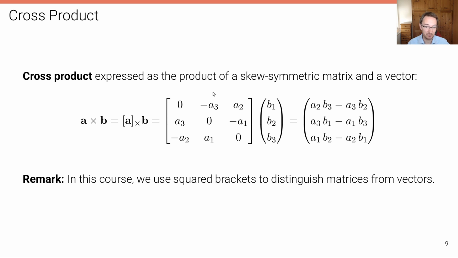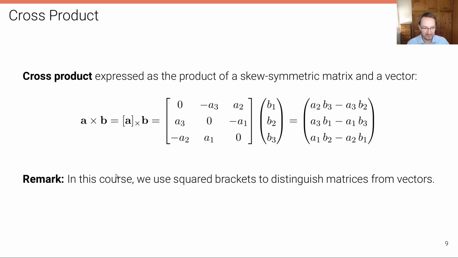And we can also express this cross product as a skew-symmetric matrix and a vector. Here we can see how this is written mathematically, with these two brackets and the cross symbol. And this skew-symmetric matrix is defined like this, such that if we multiply this with the b vector, we get the familiar form of a cross product between the vectors a and b, where the elements are a1, a2, a3, and b1, b2, b3.